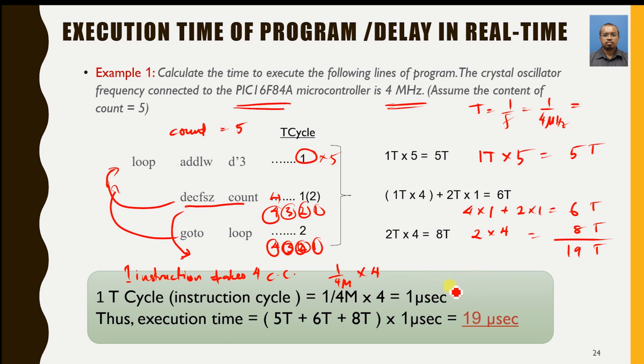So based on this calculation, it's 1 microsecond per instruction cycle. So we have 19 by 1, a total for this delay program of 19 microseconds.